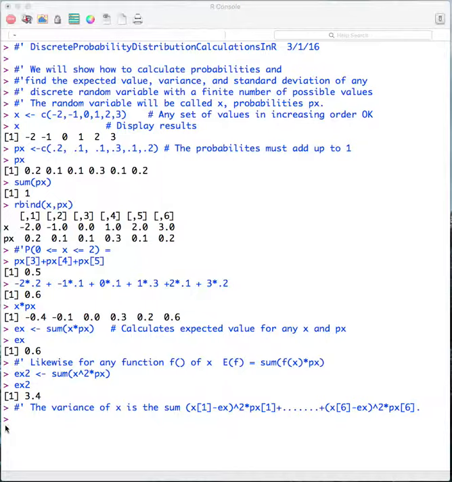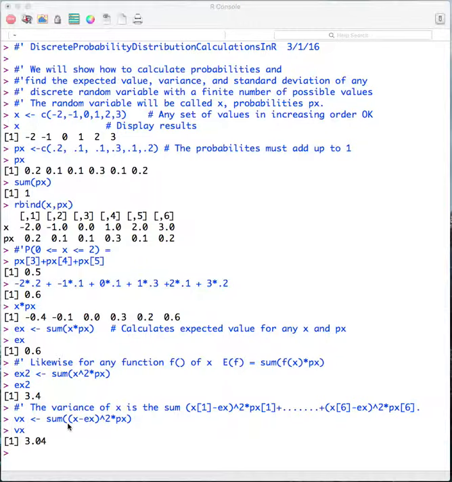We can do this computation pretty easily in R, and this can be generalized to any number, not just 6 observations or 6 elements. Look at the variance. What we did is we calculated the expected value. X minus that expected value does element by element subtraction.